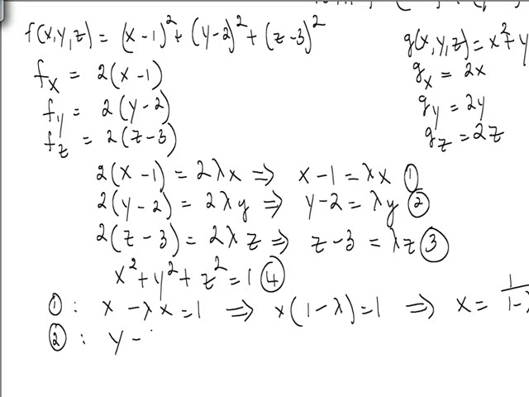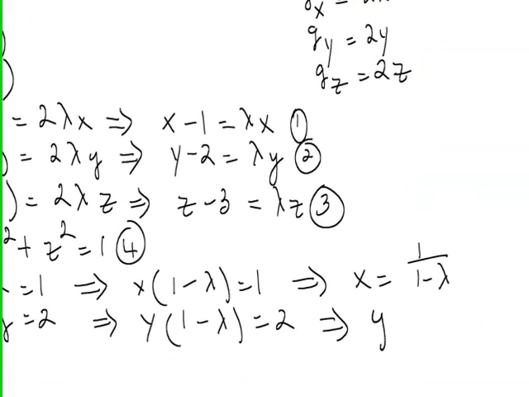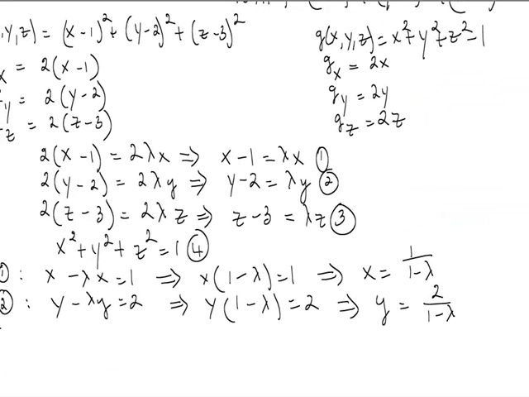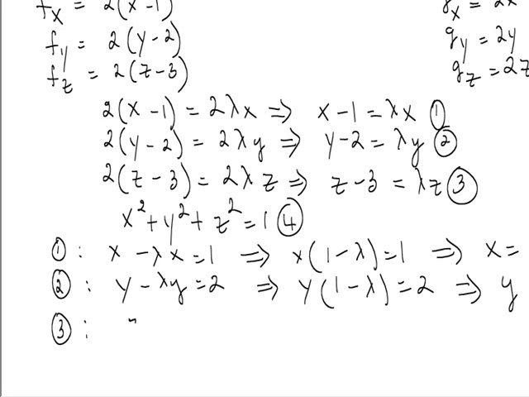Number 2. Y minus 2, well, let's subtract lambda y from both sides right away, just to save some space. So 2 becomes y minus lambda y is 2. Factor out y, 1 minus lambda times y is 2. So y is 2 over 1 minus lambda. And then number 3, z minus lambda z is 3.